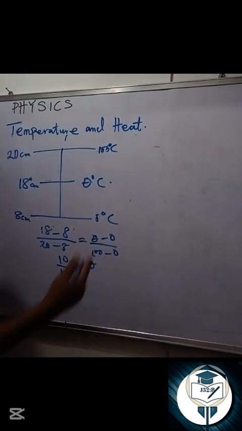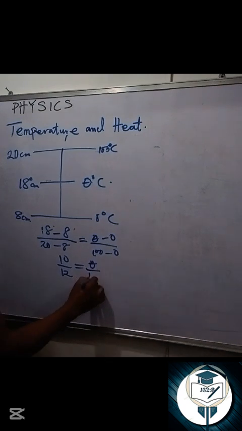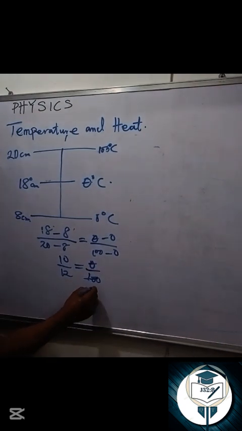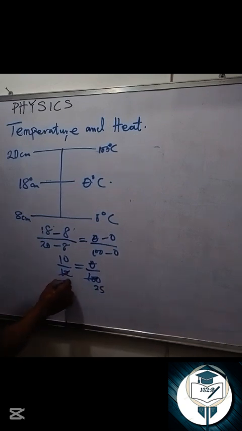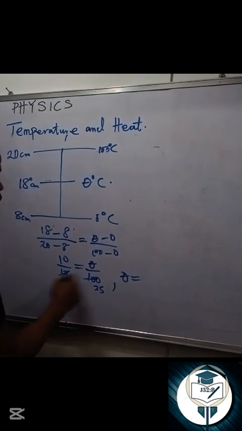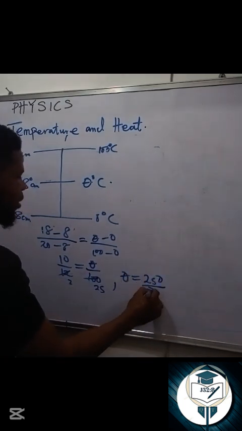Equal to what? Theta minus 0, theta over what? 100. So when you divide, this is 4, we have 25. 4 here, we have 3. Okay? You cross multiply, that means that theta is equal to 250 over 3.